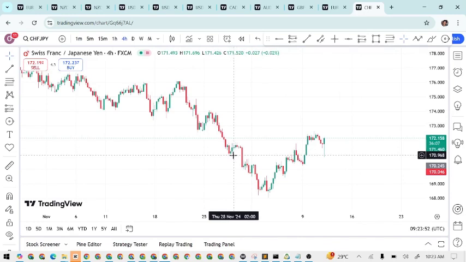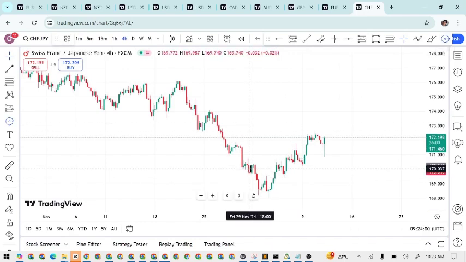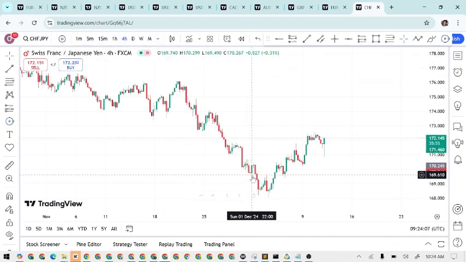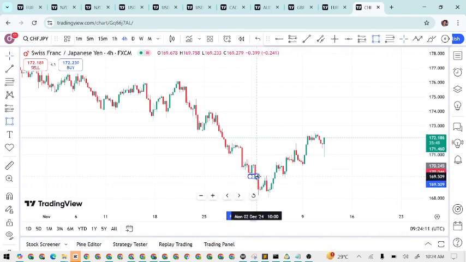Now this is another area. There was no such engulfing candle there. Moving downward, there was a nice engulfing candle here. But the market swept this engulfing candle, which is right here.